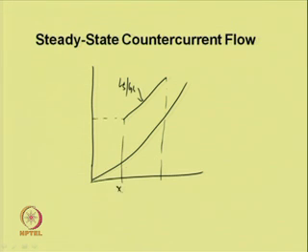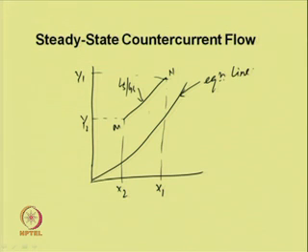This is x2, y2 and this is y1, x1, and suppose this is m and this is n. So, this is the equation of operating line and this is the equilibrium line.